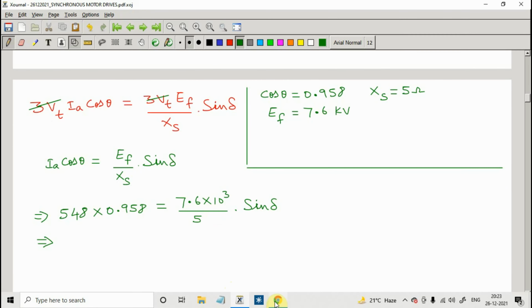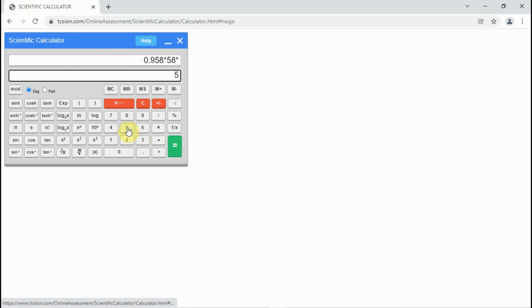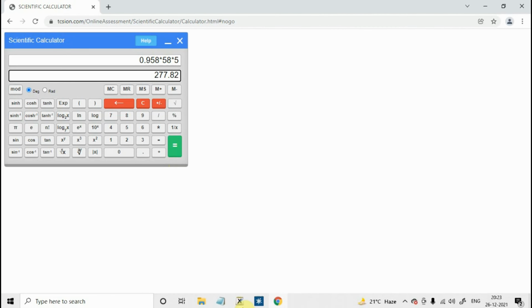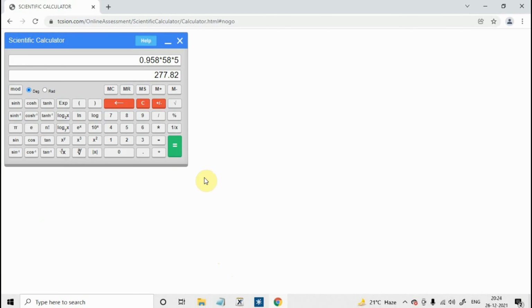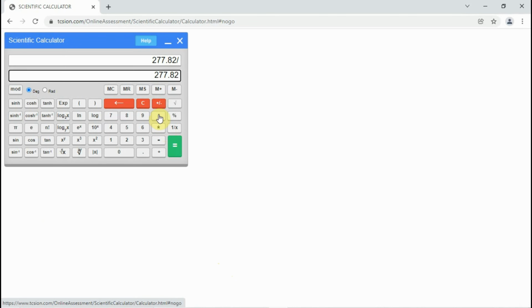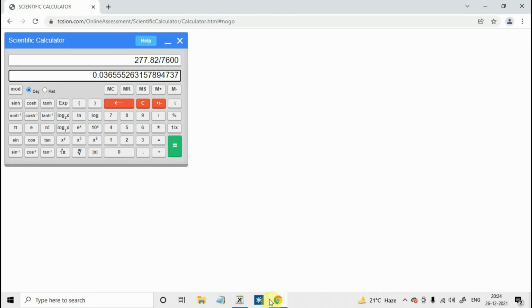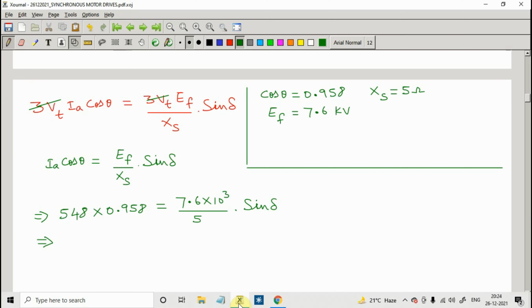Then you have to divide this by 7.6 into 10 to the power 3, so I can write this as 7600. So you will get 0.03655 as sine delta.